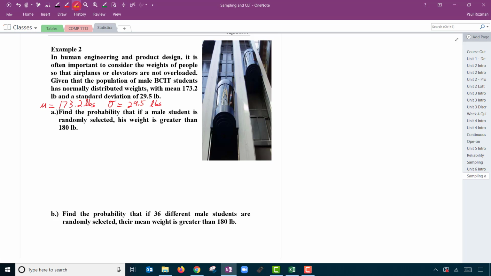The weight of students tends to be normally distributed. So we have a bell curve to begin with. We can now answer some questions. I'm walking around campus. I randomly grab a BCIT male student and I weigh them. What are the chances that they weigh more than 180 pounds?